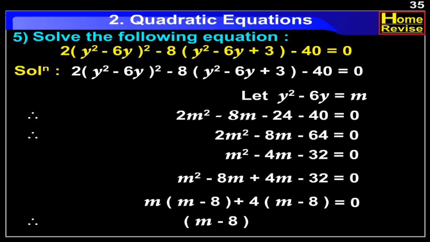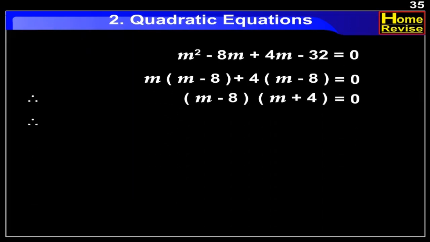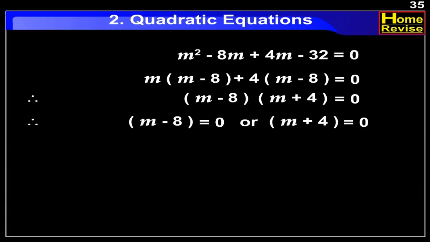Therefore, (m − 8)(m + 4) = 0. Therefore, m − 8 = 0 or m + 4 = 0. But we know that m is equal to y² − 6y.